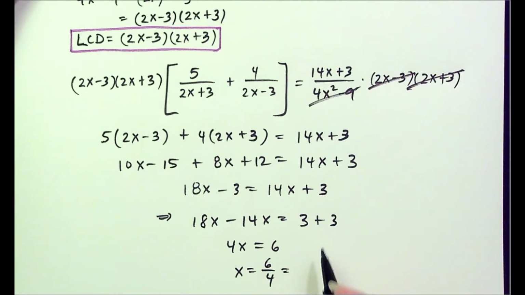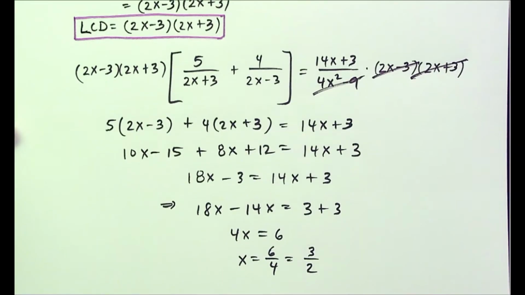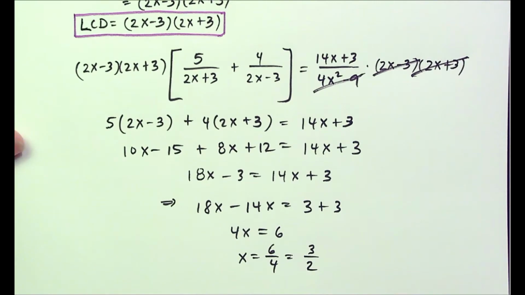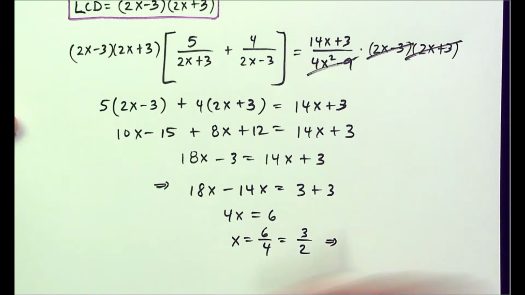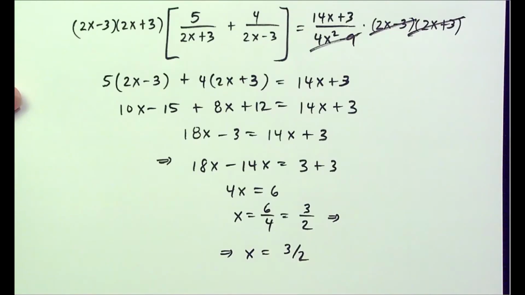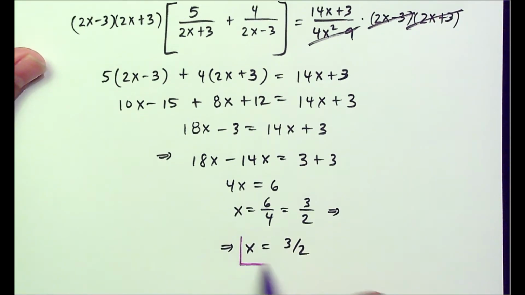What is 6 over 4? 6 over 4 is 3 halves, dividing by 2 top and bottom. So that means, let me write it down here, that x equals 3 halves. Okay, so we got that x equals 3 halves.